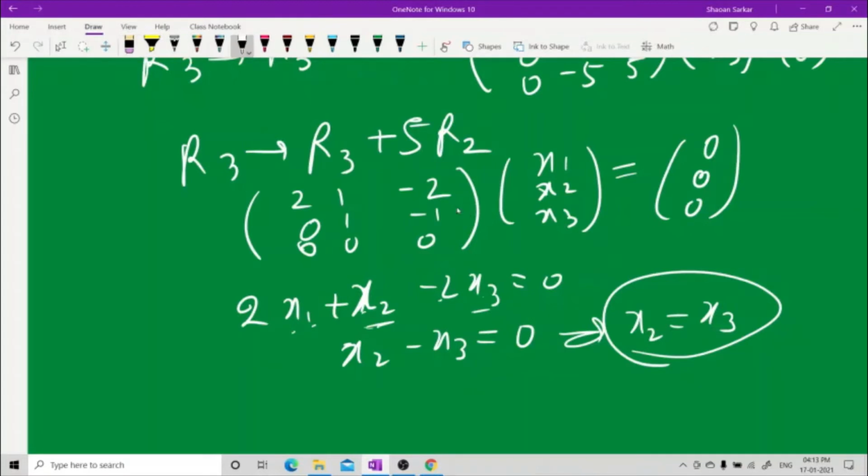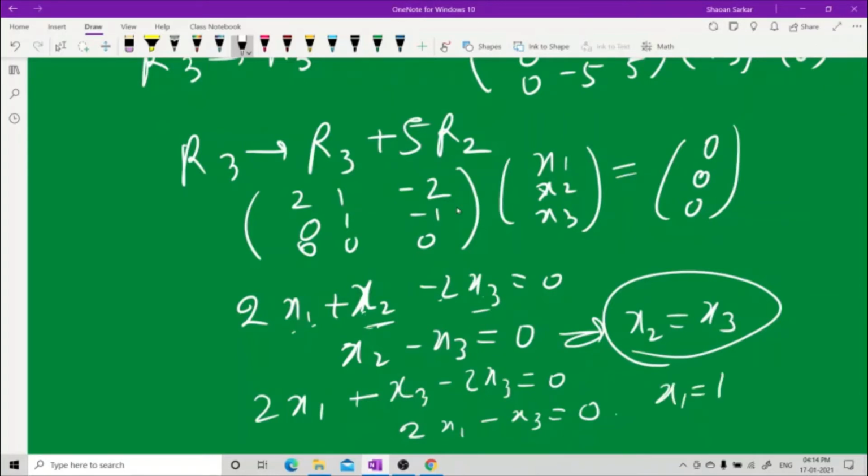So equation 1 becomes 2x1, plus x3 and minus 2x3. So I get 2x1 minus x3 equal to 0. Right? So if I take x1 as 1 and x3 as 2, my job is done.